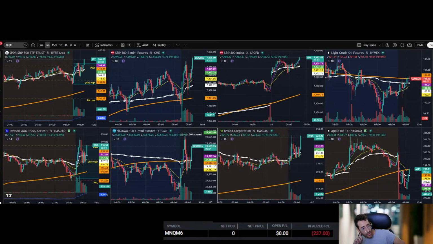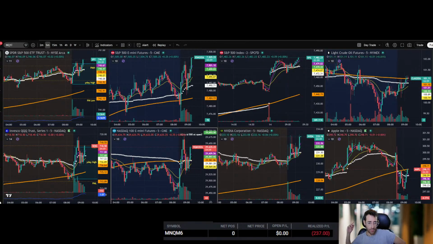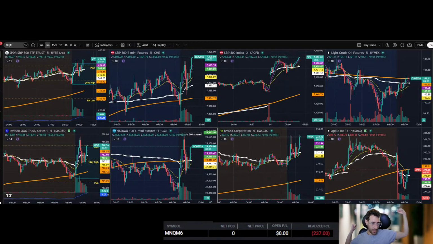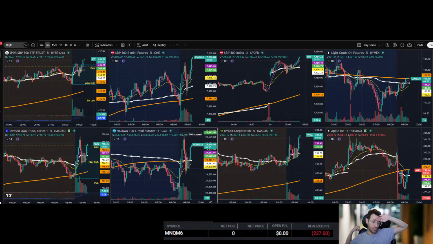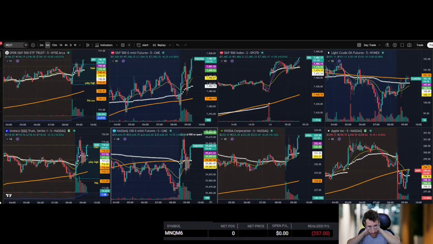Because this candle's gonna close, and I don't want it to flip and go all the way back down like it's been doing. I think we still have room up, but yeah, I just needed to get a little bit of a good trade there.